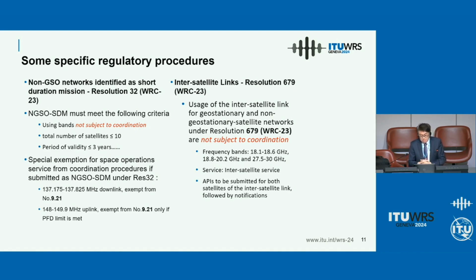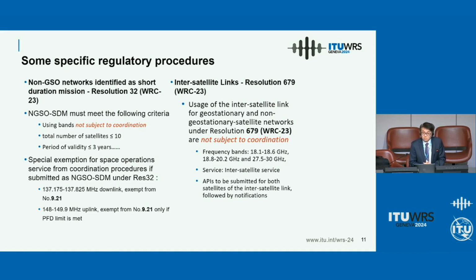And then the other procedure that has just been adopted at WRC-23 is concerning the inter-satellite links under Resolution 679. So WRC-23 has adopted this resolution to allow the use of inter-satellite links for the frequency bands listed here.